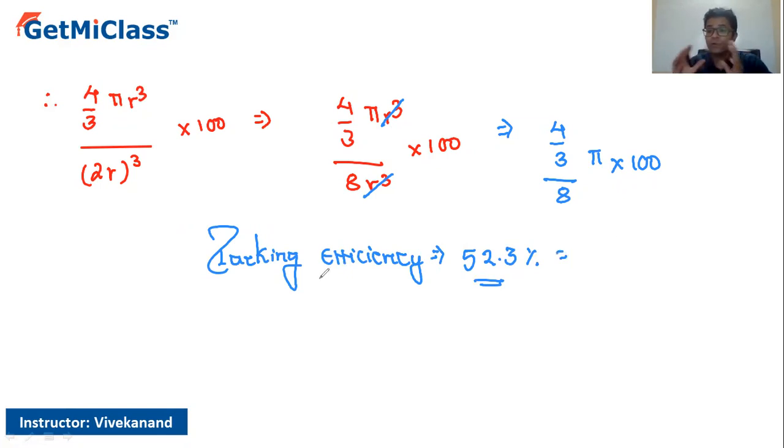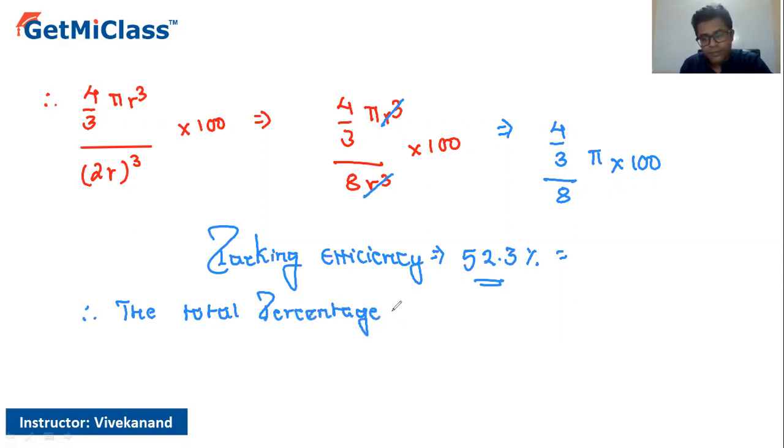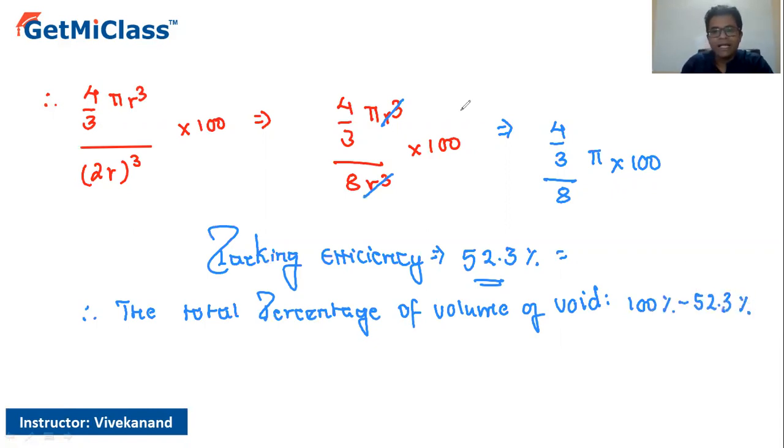Now, the remaining volume in that unit cell, we consider as the void. So the total percentage of void, or the volume of void, that empty space, we calculate as 100% minus 52.3%, and we end up getting a value of 47.7%.